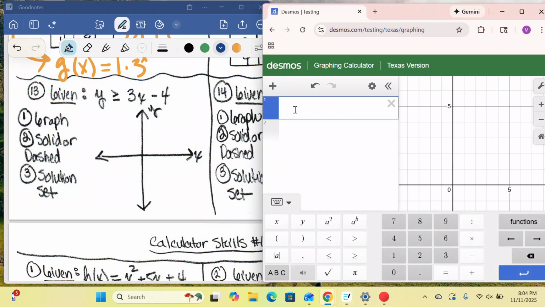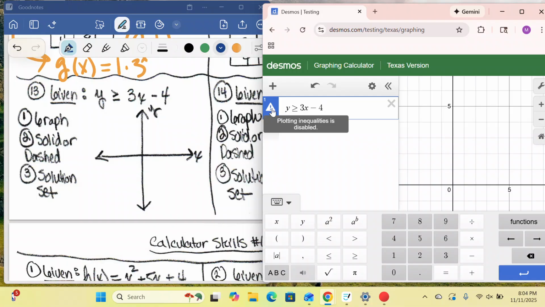So first step, I'm going to try to graph it: y is greater than or equal to 3x minus 4. And it gives me this again. Why? Because it says plotting inequalities is disabled on our Texas version and other state versions.